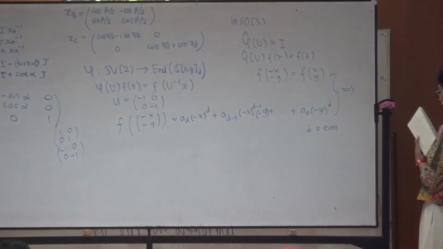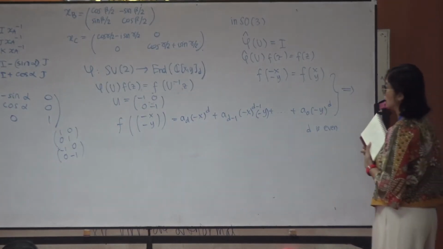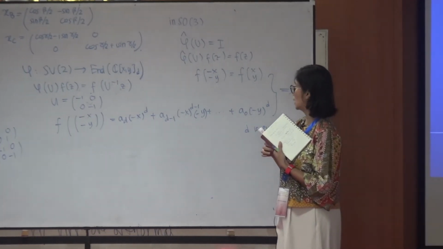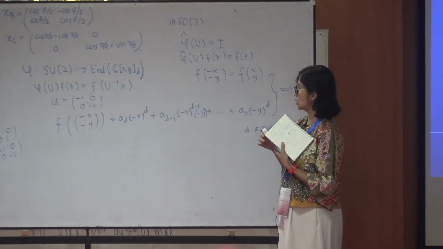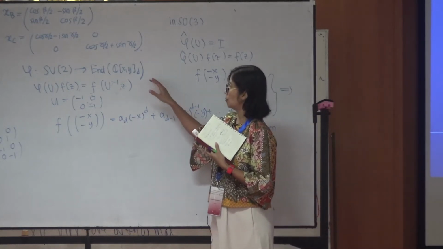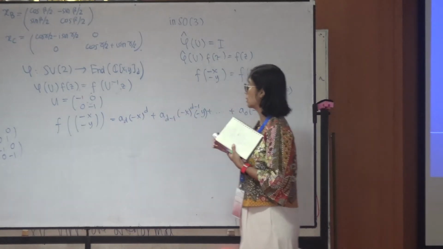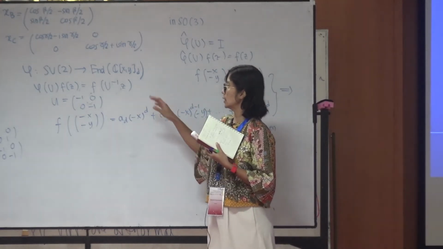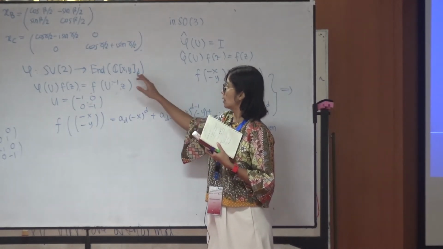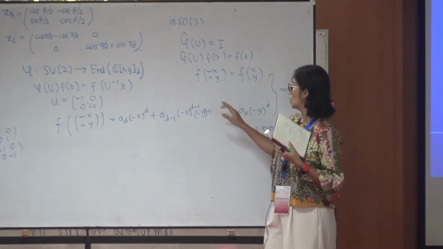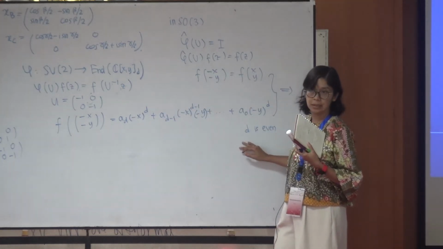So therefore, the irreducible representations of SO3 are those endomorphisms of the representation, 1 and 2 and 3, part of CXYD, only the D is even.